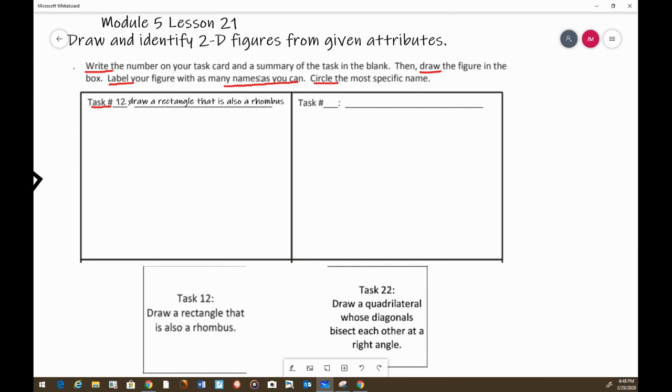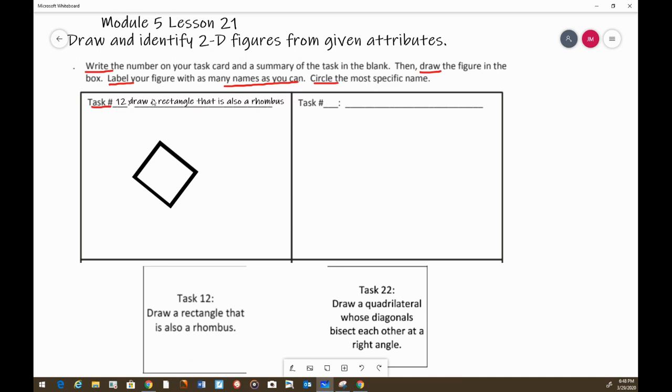Now we're going to draw. I know that a rhombus has all equal sides and it has 2 sets of parallel lines. So I actually drew this, and it's just an image. But if you draw it, that's what you get.